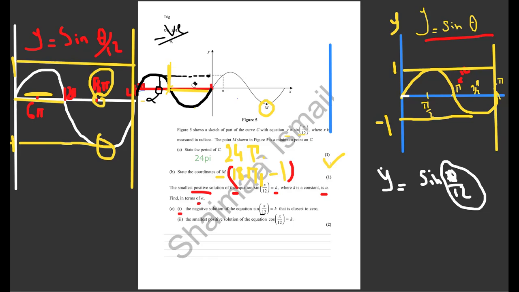Let's make it more clear. We just get that this is alpha or negative alpha. And this is the 12 pi, same as this.